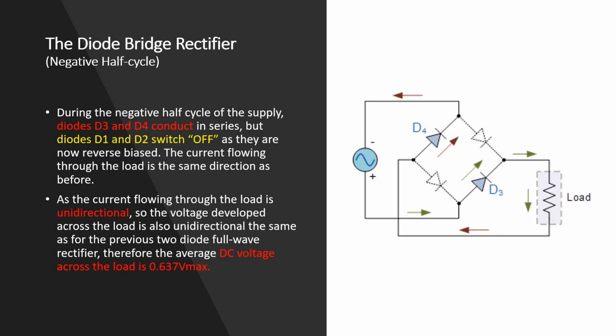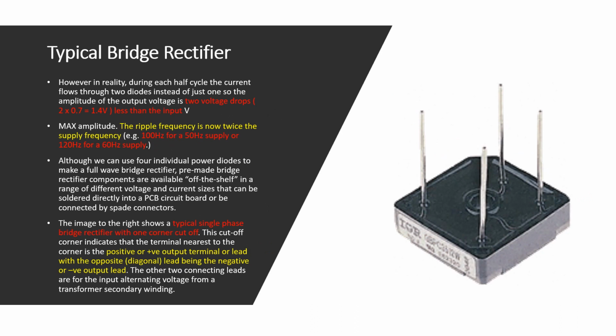The current flowing through the load is in the same direction as before, as the current through the load is unidirectional, so the voltage developed across the load is also unidirectional. The same as for the previous two diode full wave rectifier. Therefore, the average DC voltage across the load is 0.637 V max.